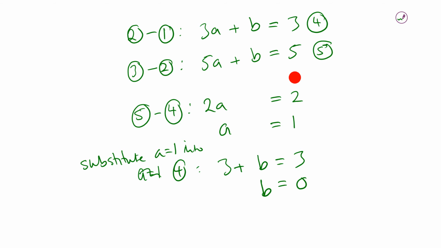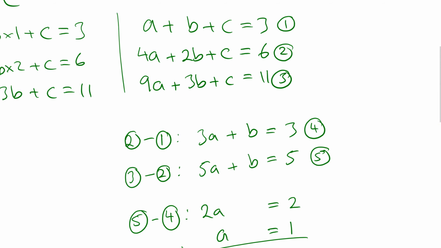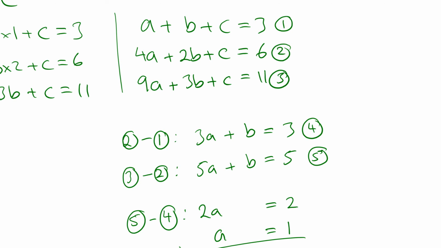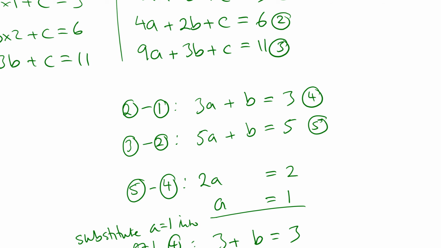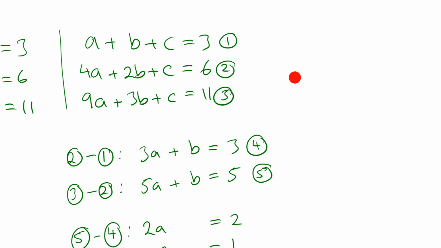So you get the other equations. And can we get c somehow? How are we going to get c? You have to go to the other equation. Remember, a is 1, b is 0. So you can do number 1: 1 plus 0 plus c equals 3, so c equals 2.